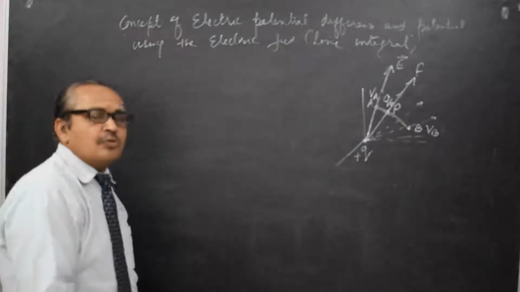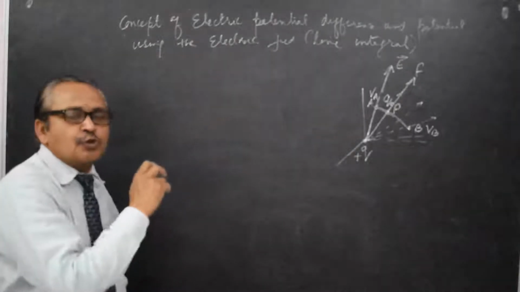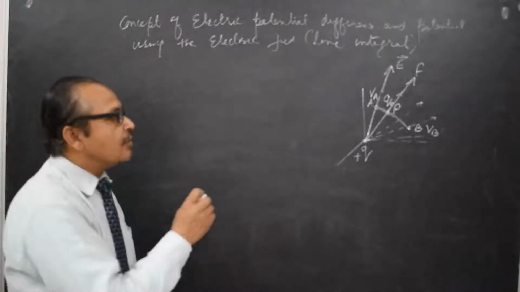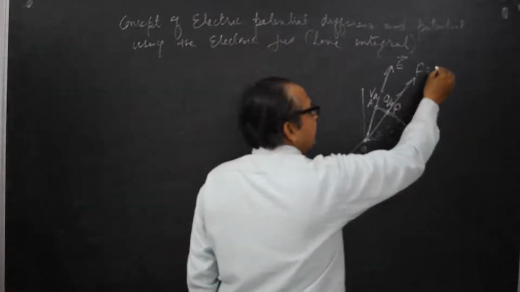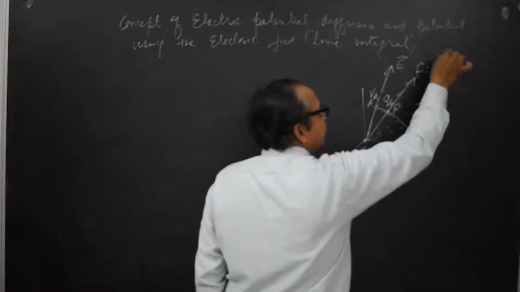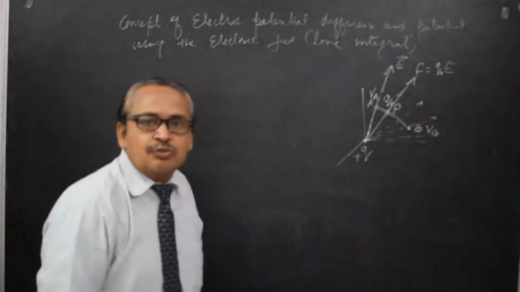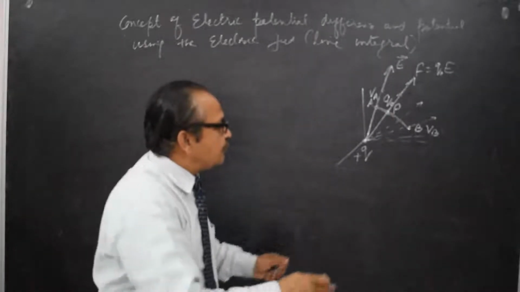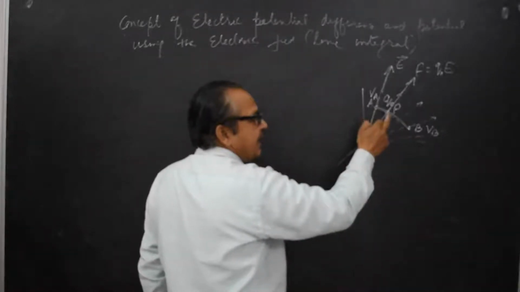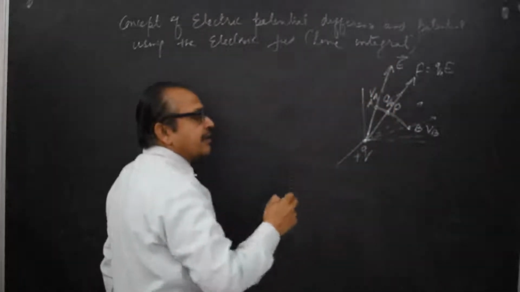And you know what the magnitude of this force is going to be? Very simple: Q naught multiplied by E. This is the magnitude of the force which will be experienced by this test charge at P due to the electric field.